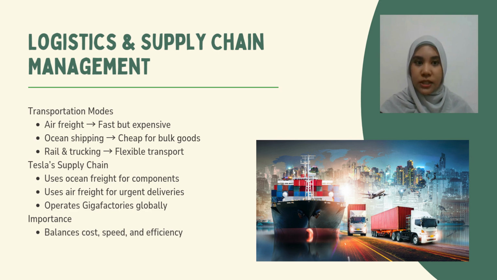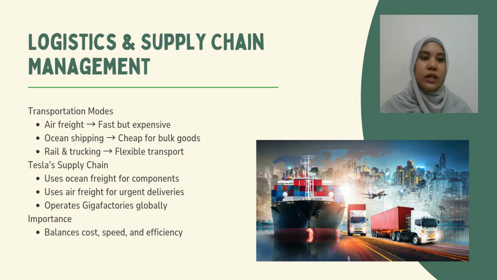Next is about logistics and also supply chain. First of all, I would like to talk about the methods of transportation. The first one is air freight. It's fast to export and import our product. However, it's expensive. The next one is ocean shipping. It's cheap and also good for bulk products, so most of the time the company will use ocean shipping.